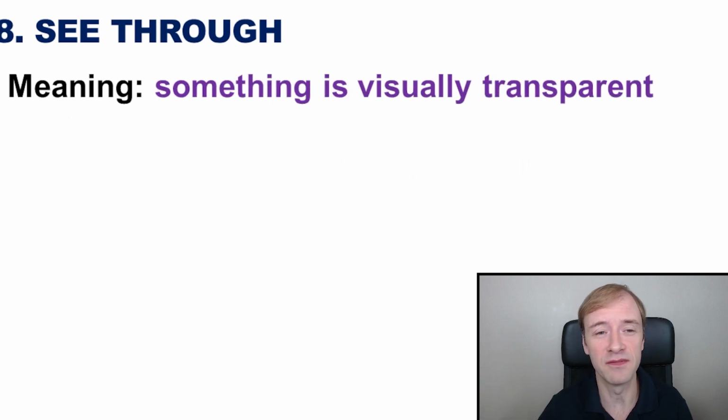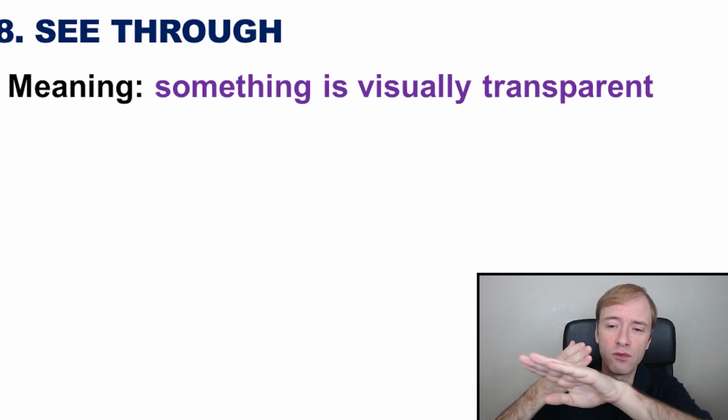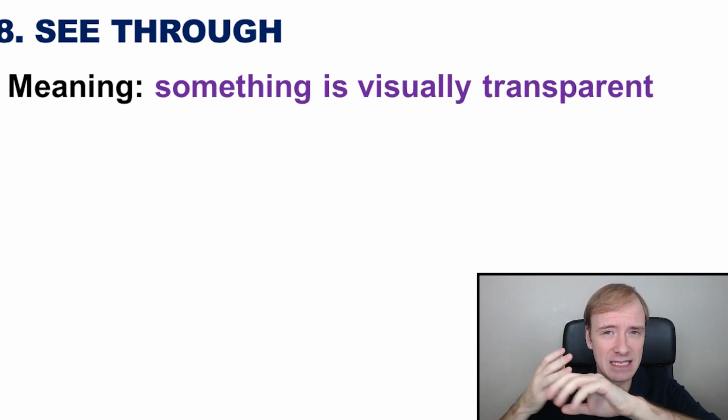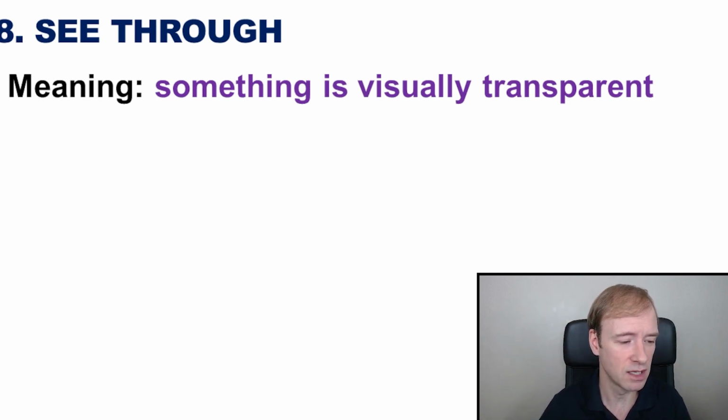And another meaning of see through, all different meanings. And this one is probably more common, and you're probably already familiar with this. Something that is visibly transparent. What is transparent? You can see through it, like glass. Glass is transparent. You can see through it.